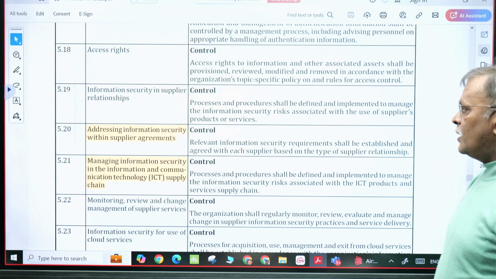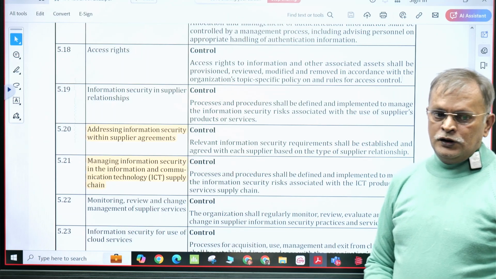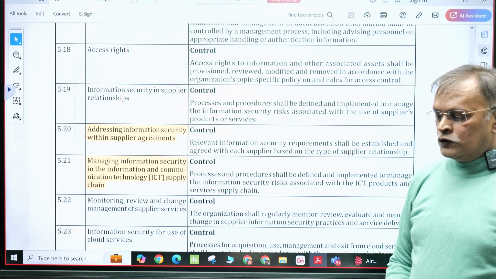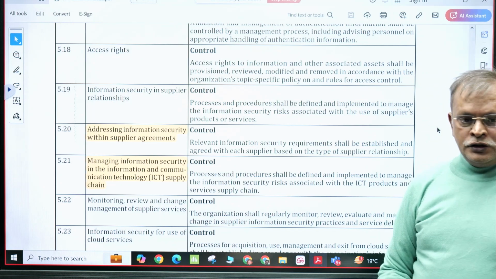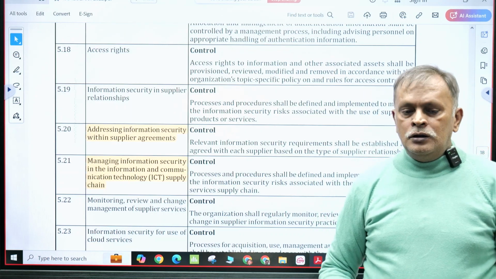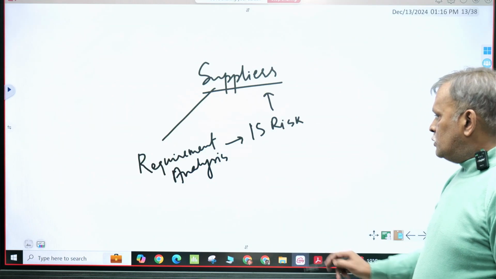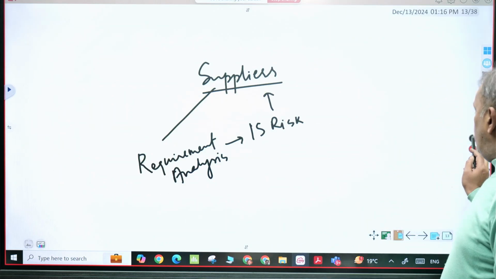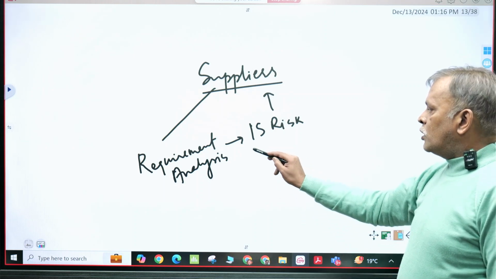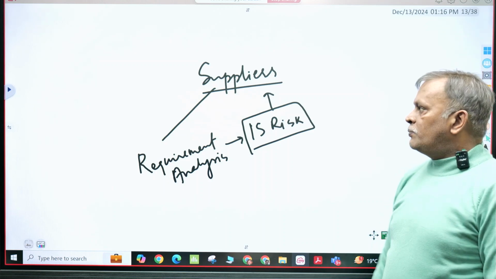Let's read this again. It says, processes and procedures shall be defined and implemented to manage IS risks associated with the use of supplier products or services. So whatever product or services you use from a supplier, the organization will end up choosing several suppliers to handle their requirements. So ISO 27001 mandates you to understand what are the information security risks that we are exposed to when we are onboarding supplier services.